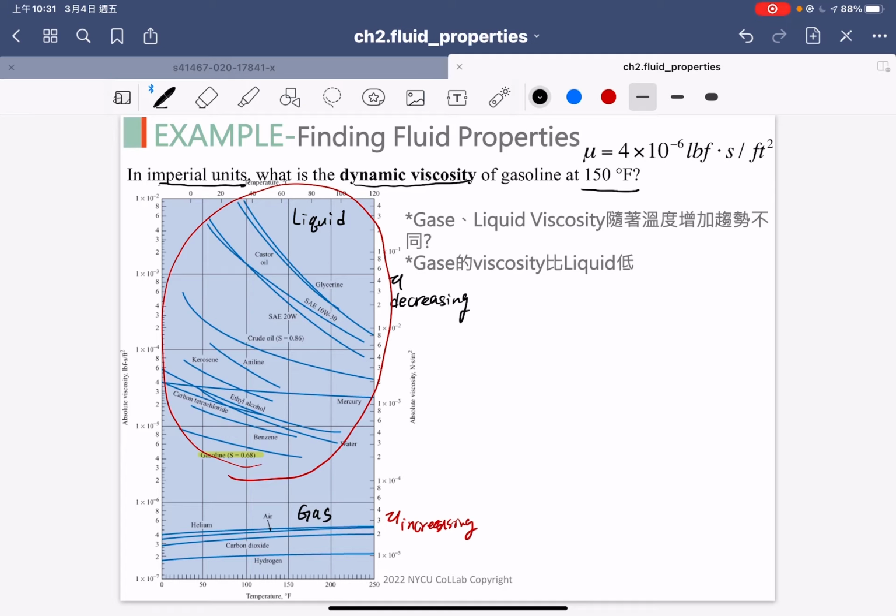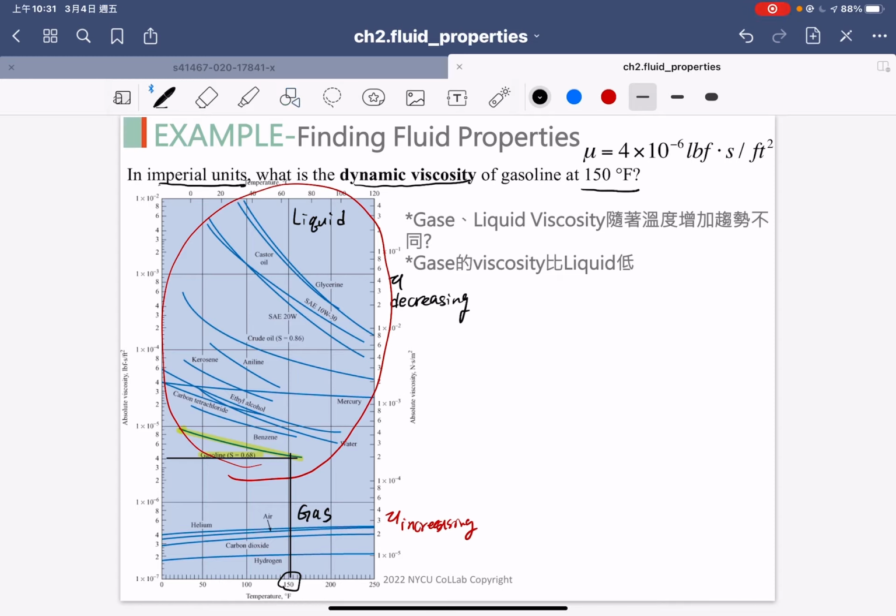But go back to our question. We know 150 degrees F is here, and we know the line for gasoline is this line. So we would like to find the viscosity for these conditions. We can draw the line up to here.